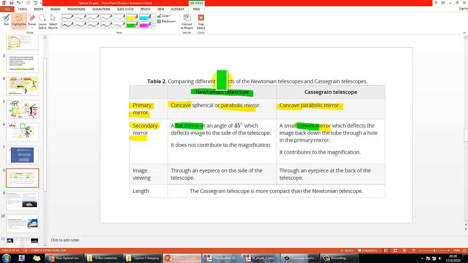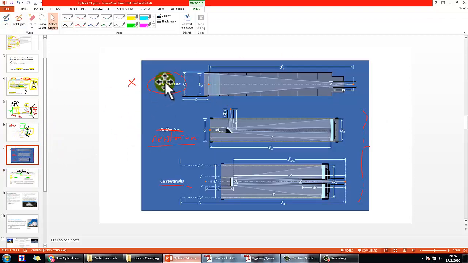In fact, Newtonian is earlier than Cassegrain. All right, it's apparently invented by Isaac Newton, the first reflecting telescope. Okay, of course, if we talk about history, then refracting telescope is the first one.